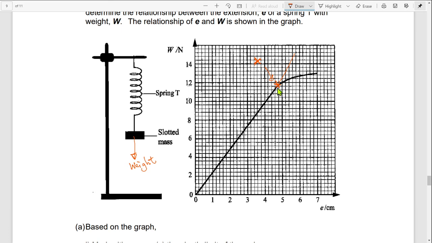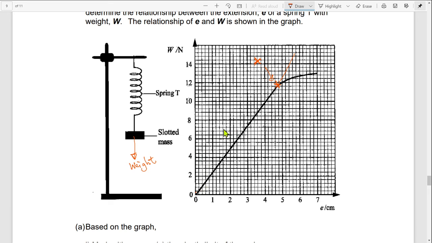All right. So if I look down here, I have a straight line, correct? Straight line from this point to this point, and that line starts from 0, 0, the origin.